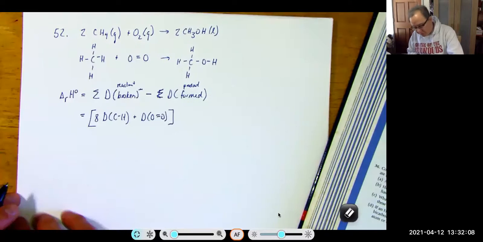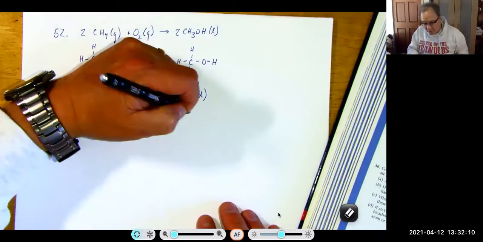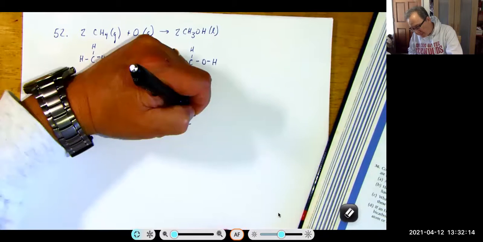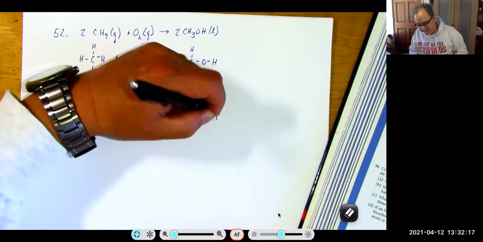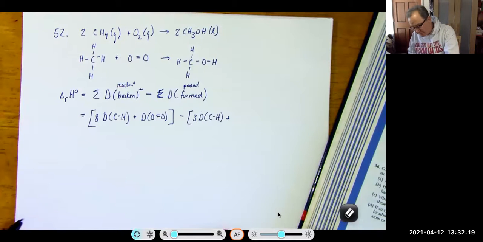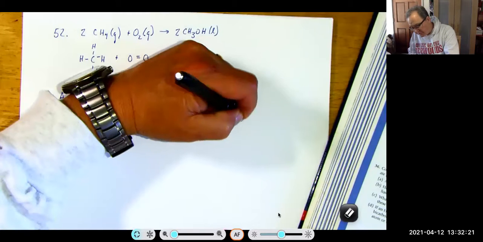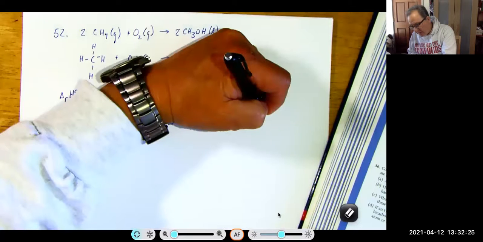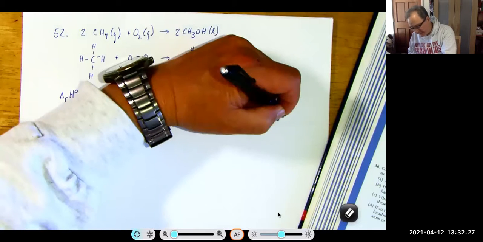And then the ones that are formed are 1, 2, 3 carbon-hydrogen single bonds, 1 carbon-oxygen single bond, and 1 oxygen-hydrogen single bond.